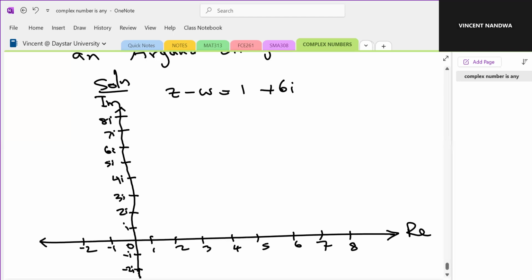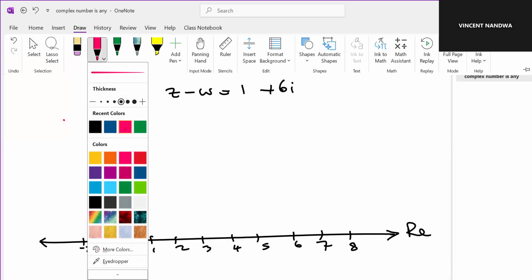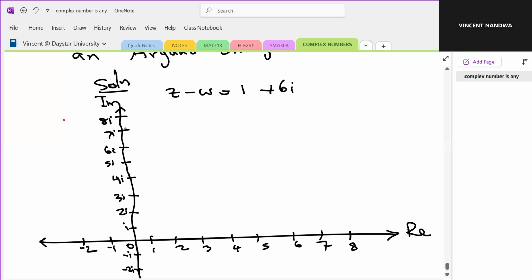Then Z is given by 3 plus 4i. So 3 on the real axis, and then 4i on the imaginary axis. So we'll have Z here. 2 minus 2i will be here, W, and then 1 plus 6i, our difference. So 1, and then 6i will be somewhere here.